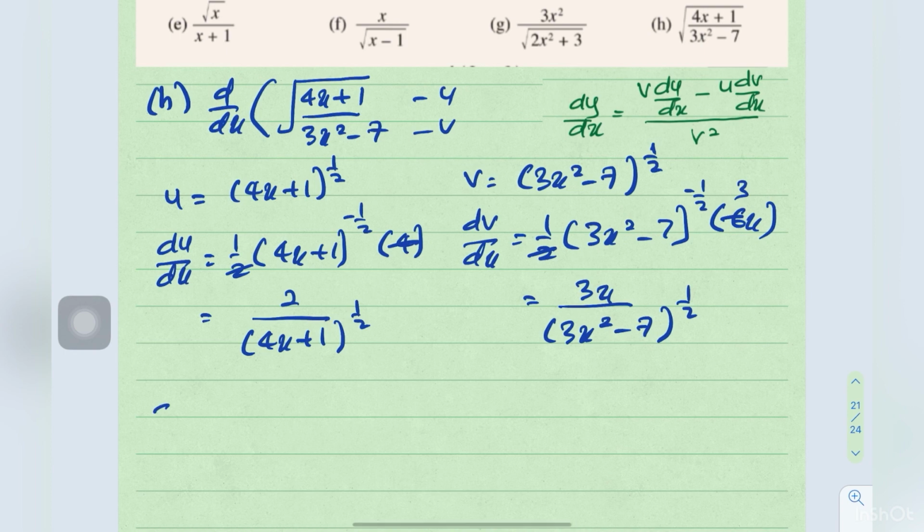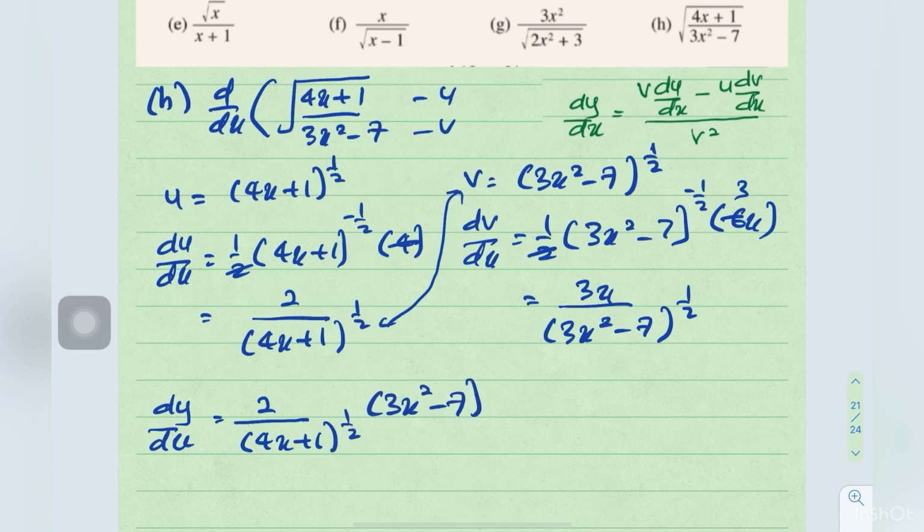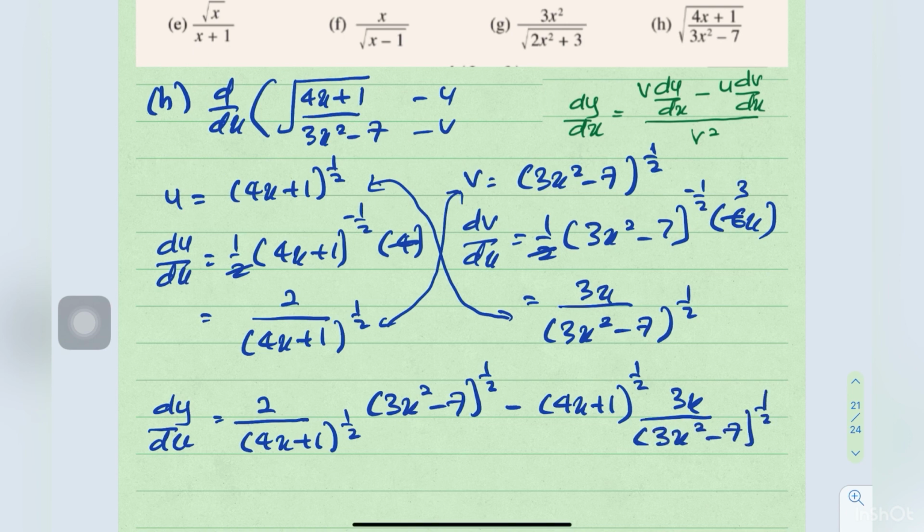Okay, so dy/dx. Okay, v du/dx. Here we have 2 over (4x plus 1) to the power of 1/2 times (3x squared minus 7) to the power of half, minus u dv/dx, okay, (4x plus 1) to the power of 1/2 times 3x over (3x squared minus 7) to the power of 1/2, over v squared.